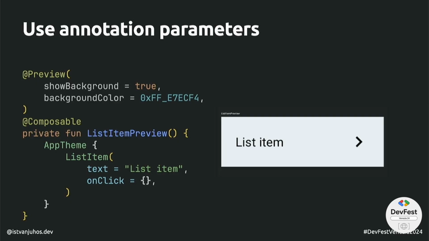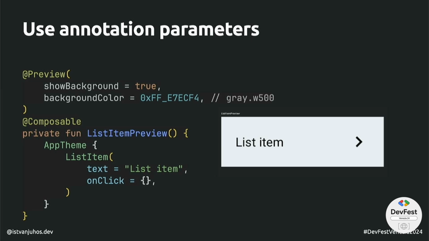The thing is that because Preview is an annotation, all parameters passed to the preview must be compile-time constants, like the Boolean true or a hexadecimal color value. And because of that, well, I don't know about you, but I don't have a hexadecimal color converter in my brain, so that's quite hard to understand, right?